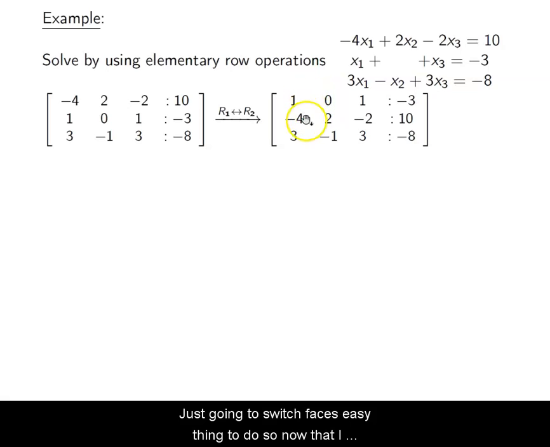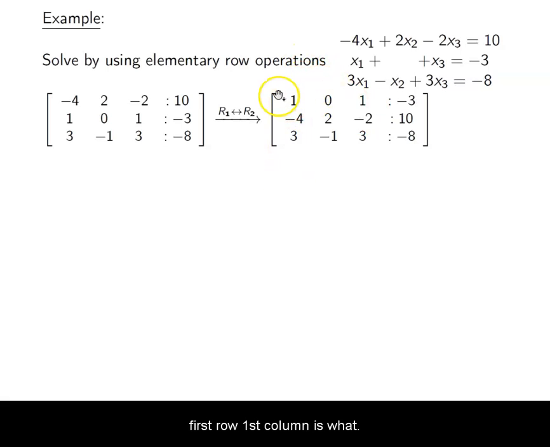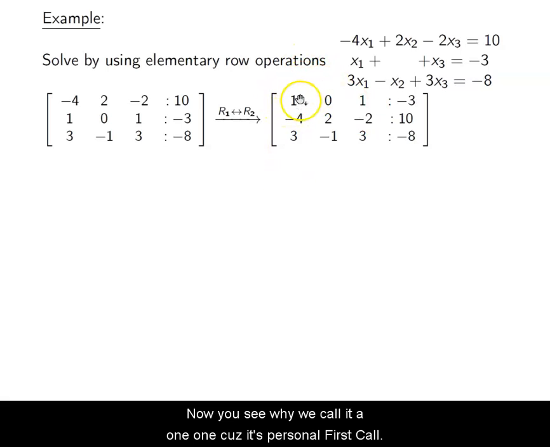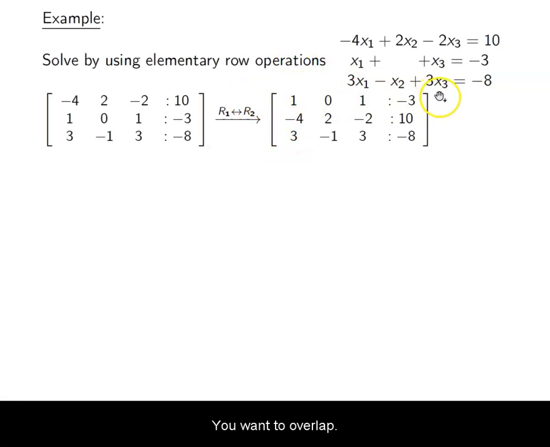I'm just going to switch places. Easiest thing to do. So now that I have a 1 in the first position for the first equation, or first row, right? First row, first column is 1, right? You see why we call it A11? Because it's first row, first column value. See where they overlap? A11.